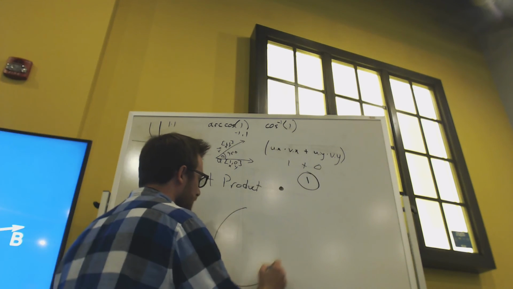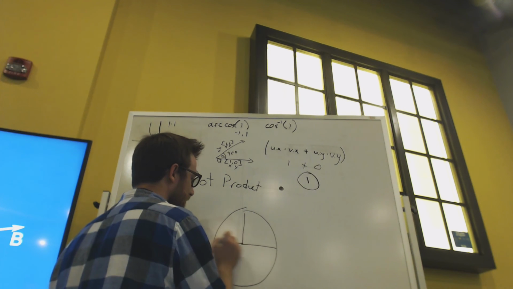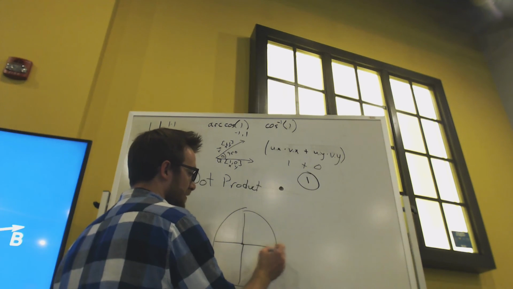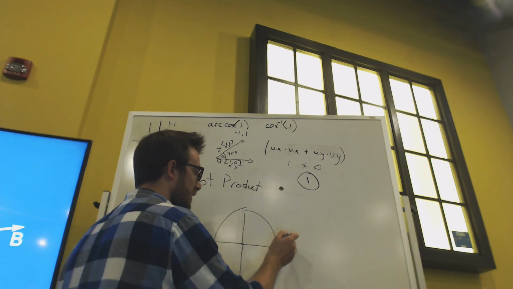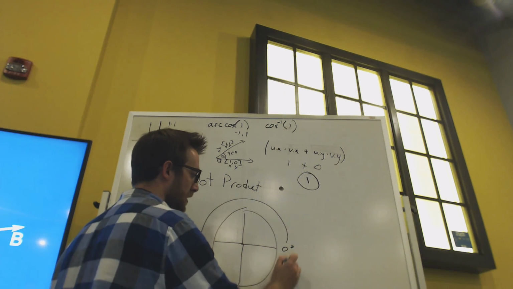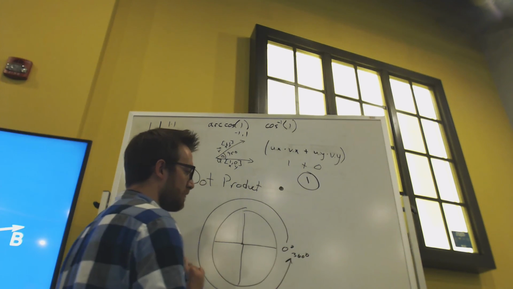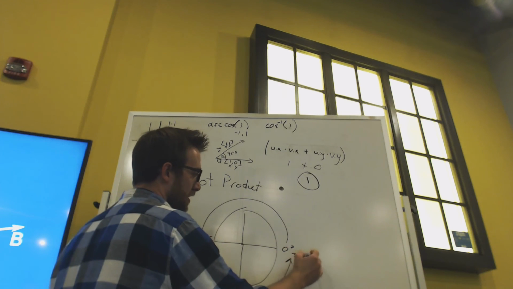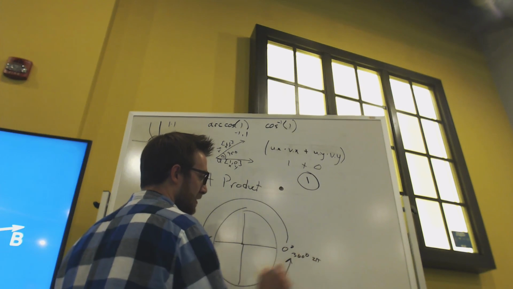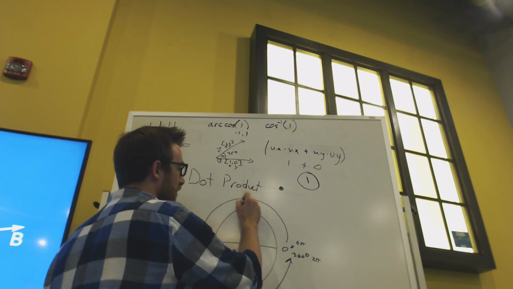you know the idea of the unit circle, where when you're talking about degrees, you usually start over here and then you go counterclockwise. So a full circle ends up being 360 degrees. So for this is pi, and then 360 degrees is 2 pi, and then this would be 0 pi, and pi over 2.